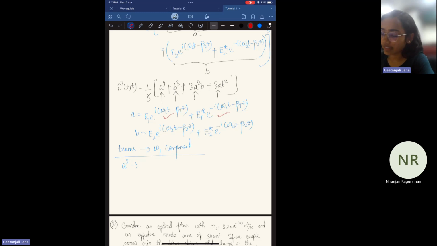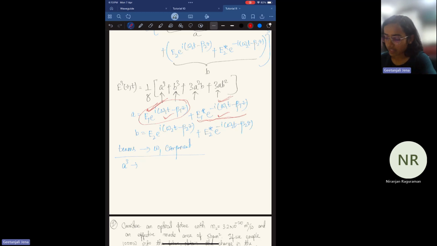So this will itself give (A plus B) to the power of 3, which will have an expression like A cubed plus B cubed plus 3A²B plus 3AB². The A cubed term will give 3ω1. B cubed means this to the power of 3, which will give 3ω2. For 3A²B, A is here, right? A squared will get 2ω1, B will have minus ω1. So we'll get a term with ω1 if we take 3A²B.